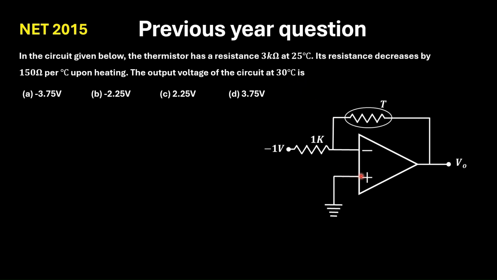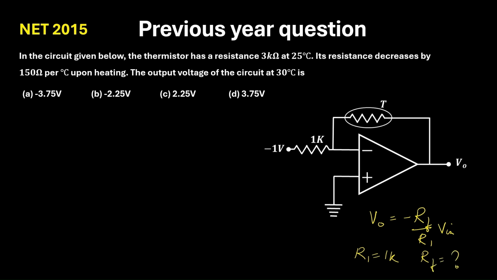Now, if you see this circuit, the non-inverting terminal is grounded and input is given here. So it is a closed loop inverting op-amp. And we already know the expression of the output. This is minus RF by R1 into V input. Now R1 is already given as 1K. We have to find out RF.